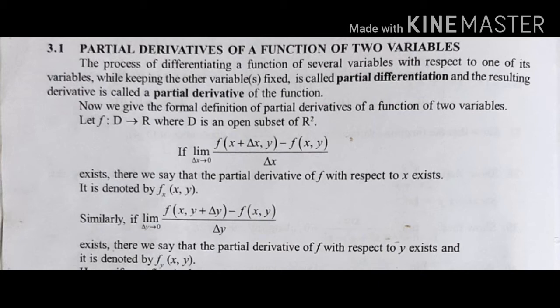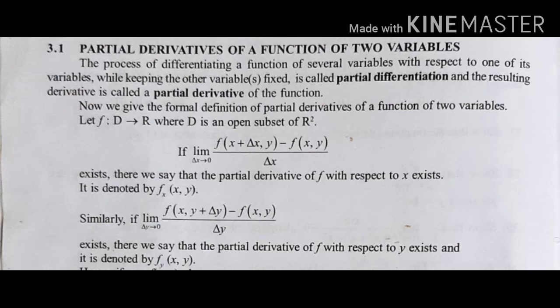Let f: D → R, where D is an open subset of R², that means R cross R. If the limit as delta x tends to 0 of [f(x + delta x, y) − f(x, y)] divided by delta x exists, then we say that the partial derivative of f with respect to x exists, and it is denoted by fx(x, y).